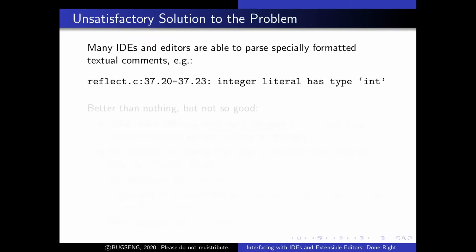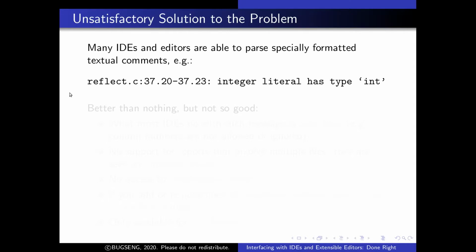So there are unsatisfactory solutions to the problem, which is what we had until, I don't know, 1 week ago. So there are many IDEs and editors that are able to parse specially formatted textual comments like the one I'm showing.